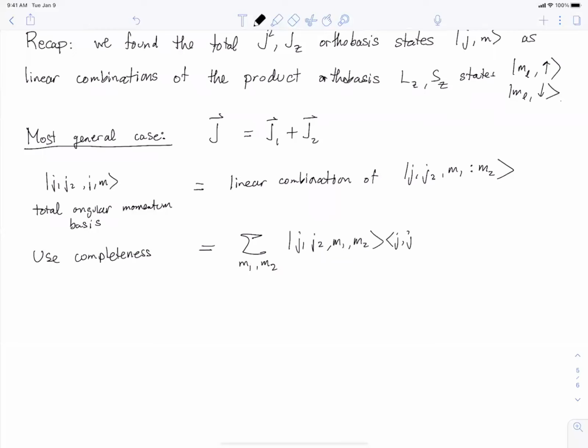So we're putting in a complete set of states here. I guess I should be consistent and put my colons in here. Okay, and so that writes down what we claim to accomplish. This is the linear combination, and these are the coefficients. And so those are called Clebsch-Gordan coefficients.